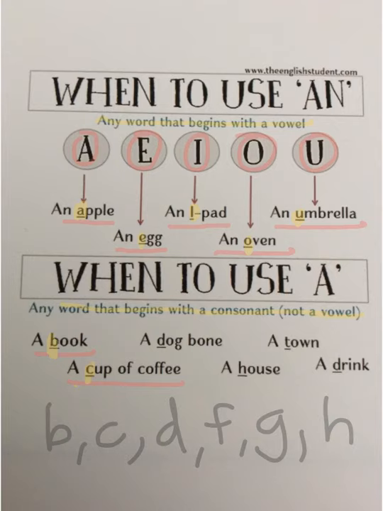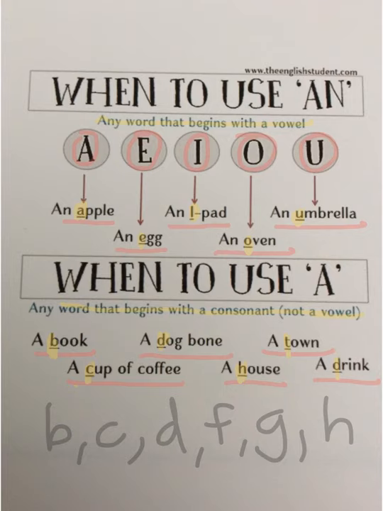The next one is a dog bone. And dog starts with a D, which is a consonant. Then we have a house. House starts with H. A town, and town starts with T. That's a consonant. And our last one is a drink. And drink starts with a D.